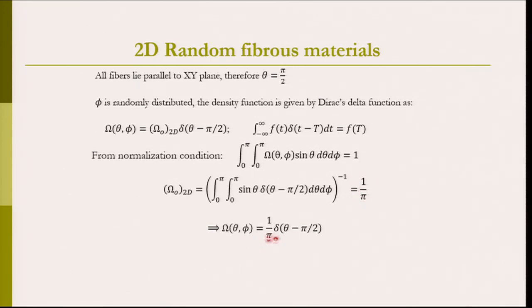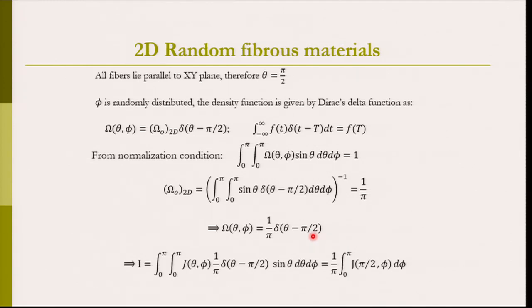So, once you calculate this value of omega, then we can again go back, we can express omega theta phi in terms of 1 by pi, which we have just inserted in place of omega naught 2d. So, new omega theta phi will be equal to 1 by pi delta theta minus pi by 2.